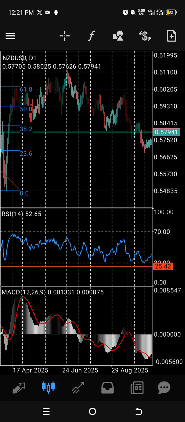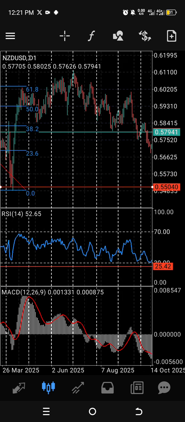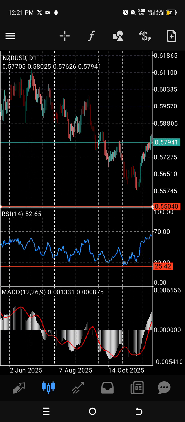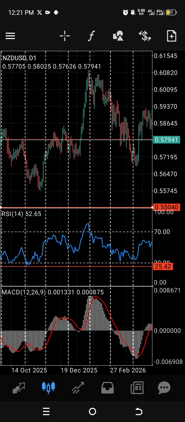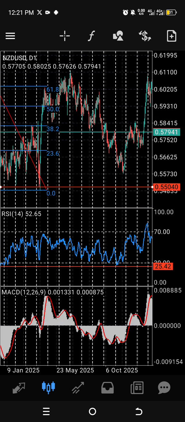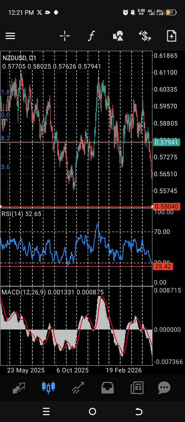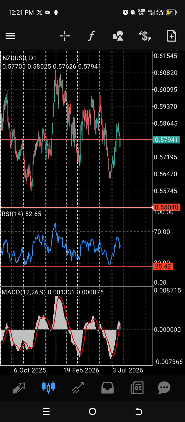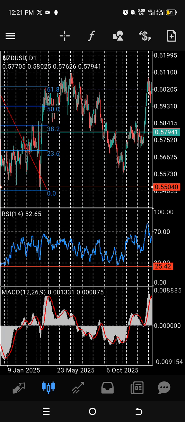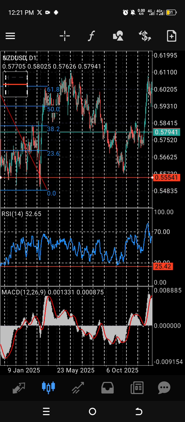This is the previous support, as in this level. So let's see what now happens in the future. Okay, the price has not come back to this level, but it came down to this level. Initially, we were expecting the price to get to this level or even go below this level.